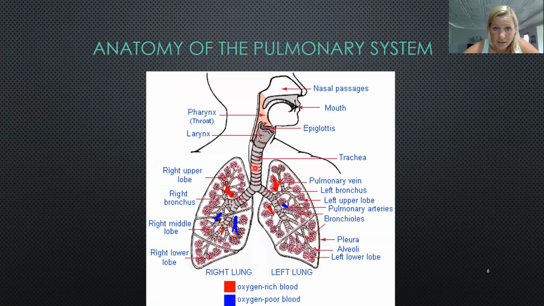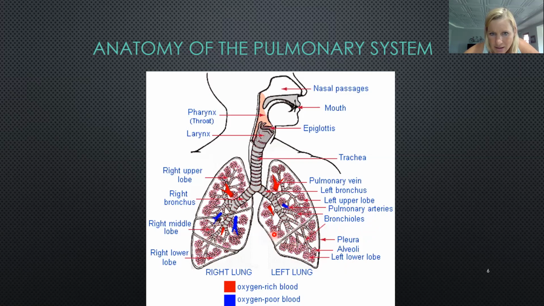And you can see that this trachea is then going to be split off into what's known as primary bronchi. So you can see a right and a left branch of those, and then those are going to branch into smaller tubes, which are known as bronchioles. And then those bronchioles are going to lead into these little circular things.